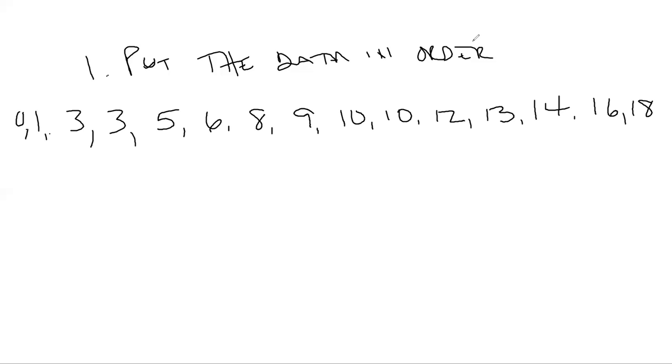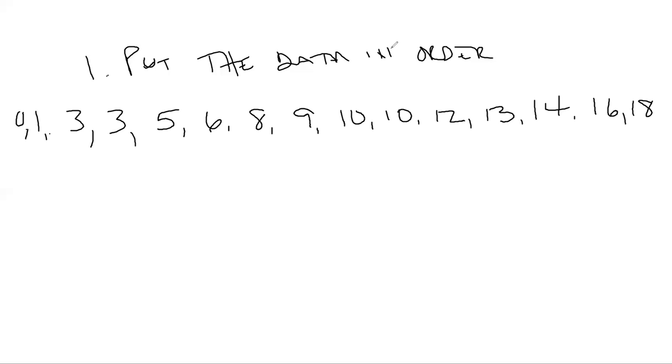Anyway, if this is our list of data, we want to split this up into 4 equal groups. So I need to count how many pieces of data I have here: 1, 2, 3, 4, 5, 6, 7, 8, 9, 10, 11, 12, 13. I have 15 pieces of data.